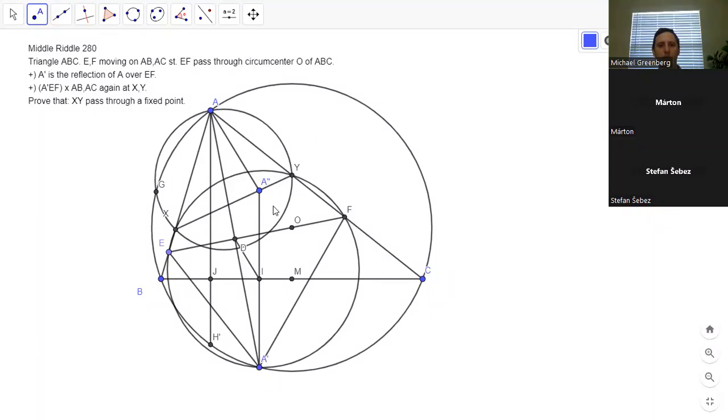So if we just need to show XY and AH prime make the same angle with BC.